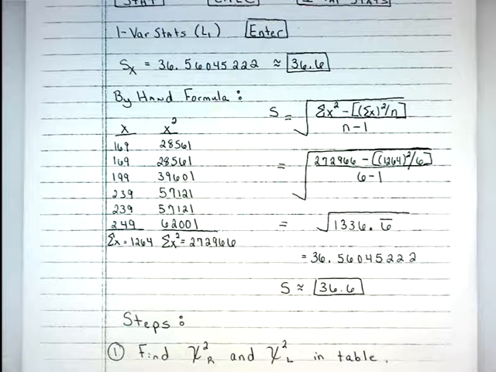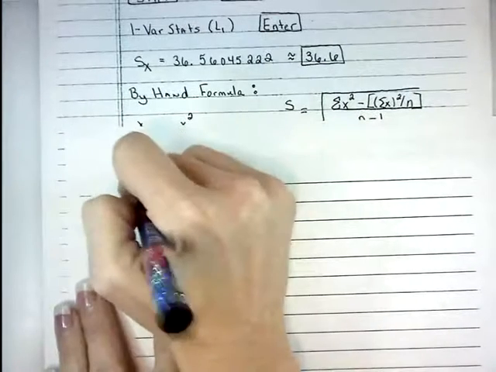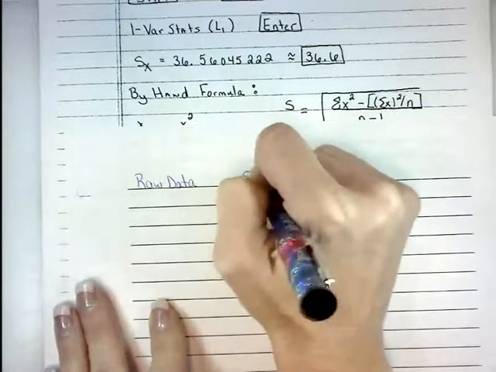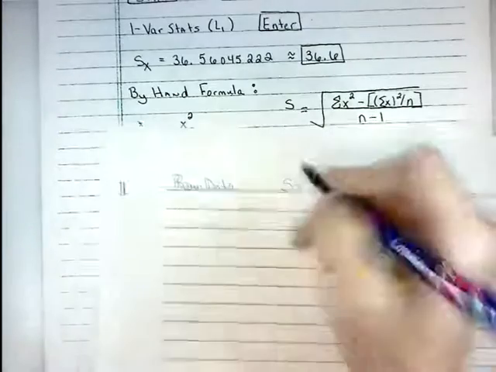Therefore, let me write down this information and then we will plug into the formula. Again, this problem, we have raw data. And we just found that the standard deviation of this raw data is 36.6.